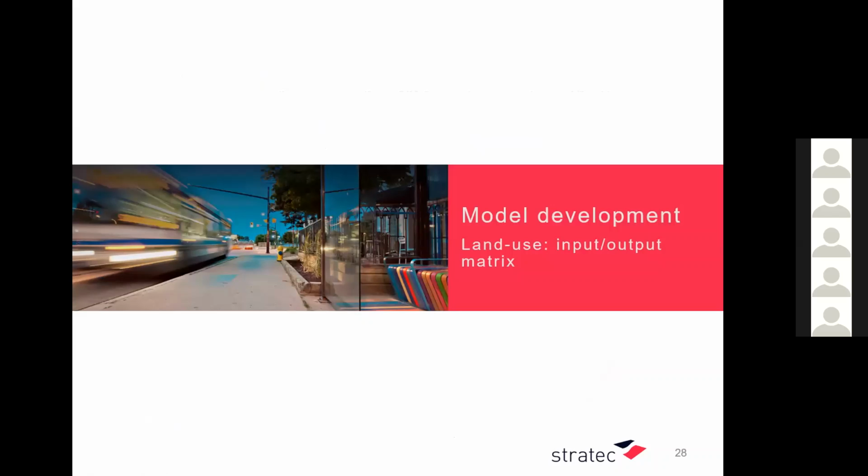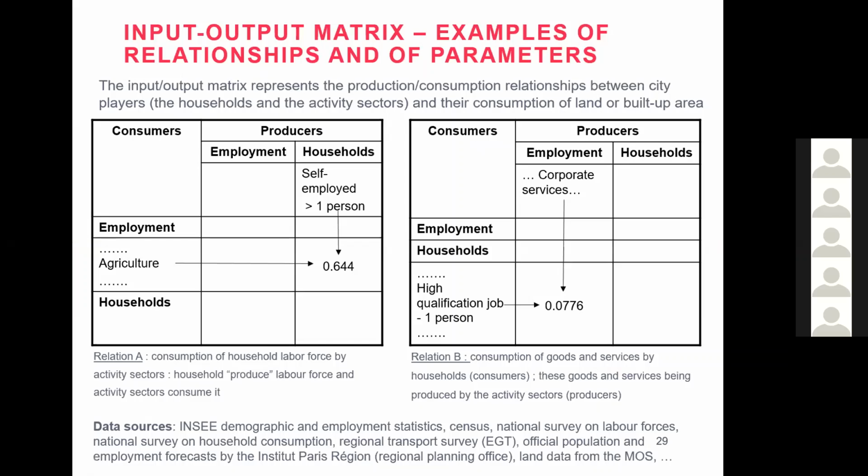I mentioned one basic component of a Tranus model, which is the input-output matrix. Here you have an illustration if you are interested in what it is more practically. As I said, it represents the production-consumption relationships between the city players. There are, for example, two types of relationships which are modeled.